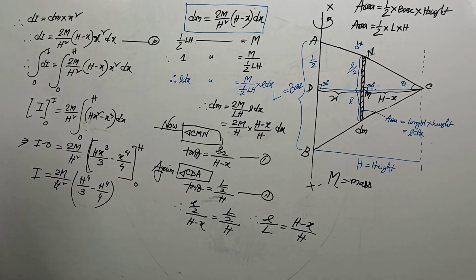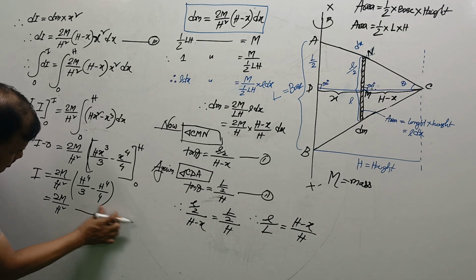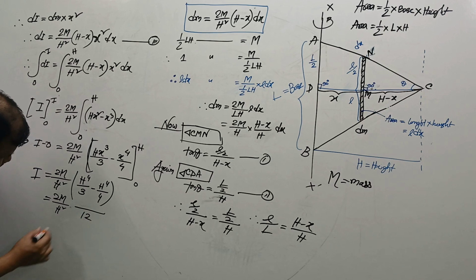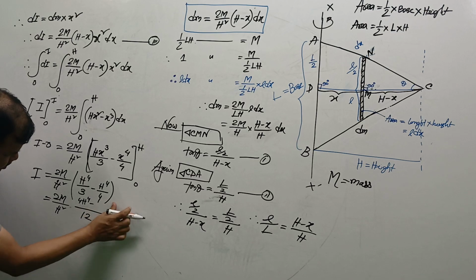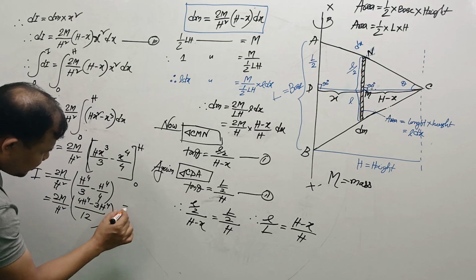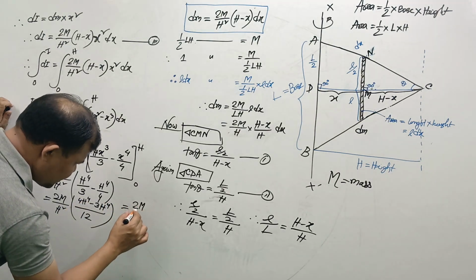So we can write this part here. Okay, now 2m divided by h square. We just take the LCM here. Our LCM will be 12, so 4 h to the power 4 and 3 h to the power 4. Okay, after solving this part, we get our desired equation.